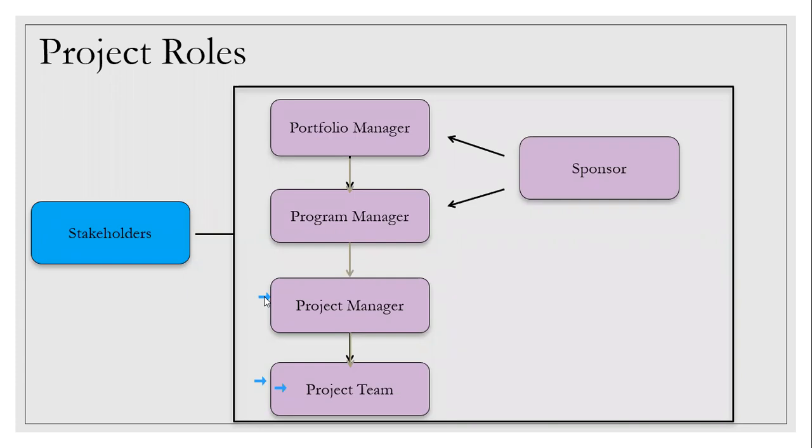Now, if that is the project or that is what the project manager does, then what exactly is a program manager doing? So program, the definition is it's a group of similar nature projects deriving a benefit which could not have been achieved if the projects were handled individually.